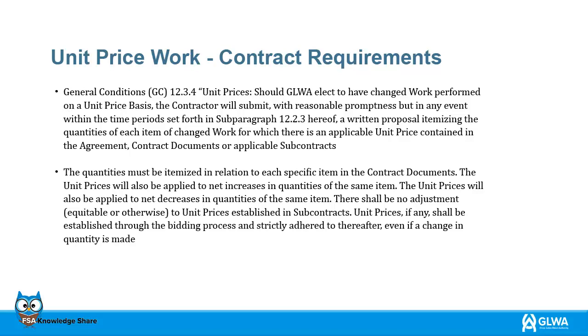The quantities must be itemized in relation to each specific item in the contract documents. The unit prices will also be applied to net increases in quantities of the same item. The unit prices will also be applied to net decreases in quantities of the same item.